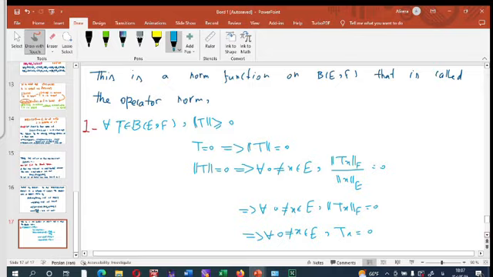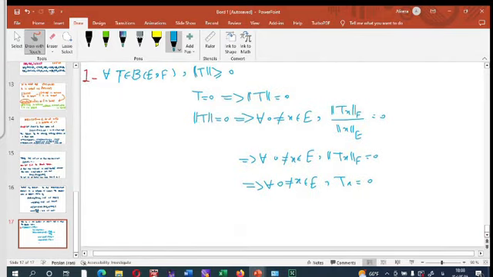And finally, for any x in E, Tx must be equal to 0, because we know that T of 0 equal to 0. And for all non-zero, this must be equal to 0. So that for any x, T of x equal to 0, and so T must be equal to 0.